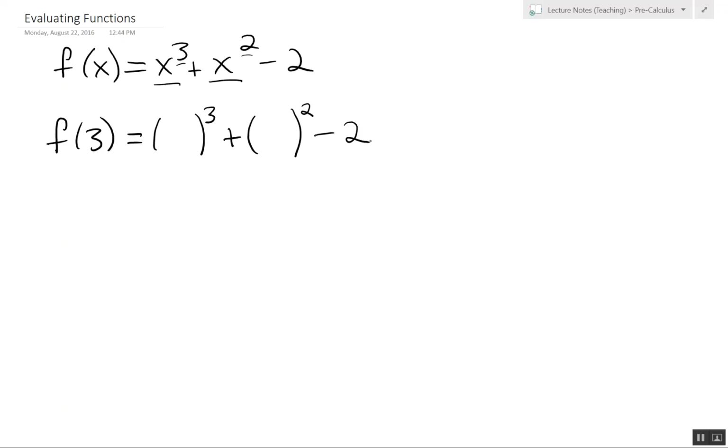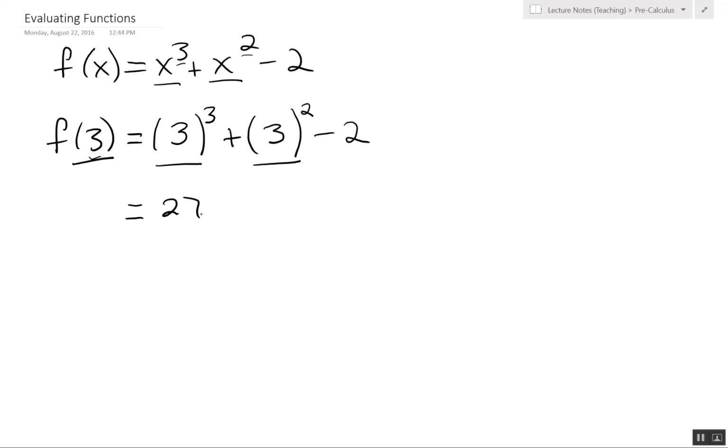And so this is what I tell my students. When you're trying to evaluate a function, you take whatever is in this parentheses and insert it into what's in these parentheses. So since there's a 3 here, we're going to put a 3 here and a 3 here, and then we simplify this. So in this case, 3 cubed, if you did not know, is 27.